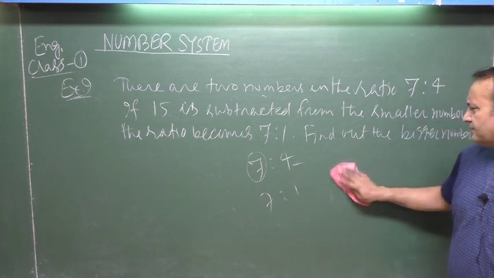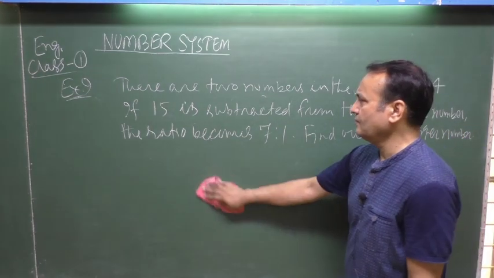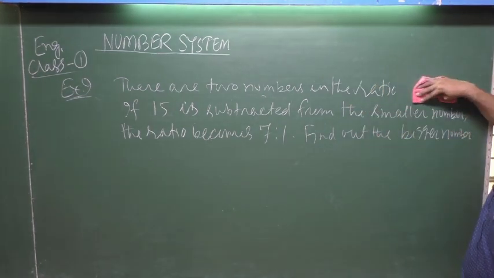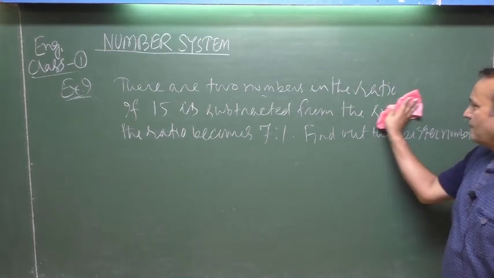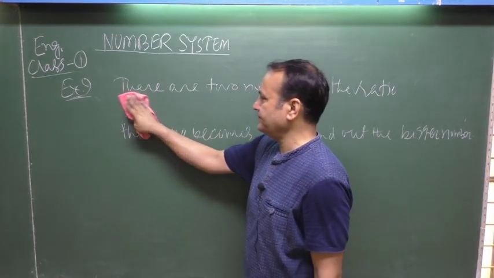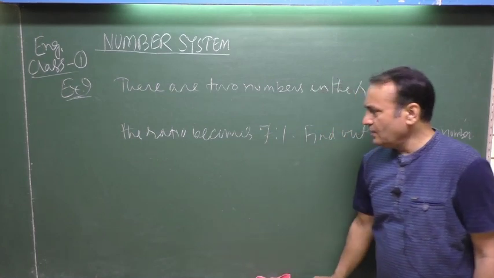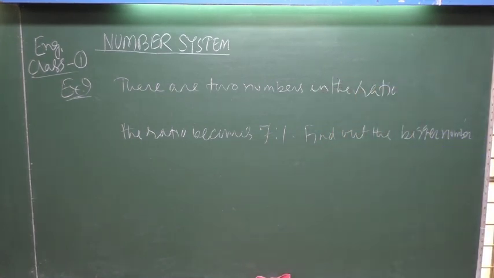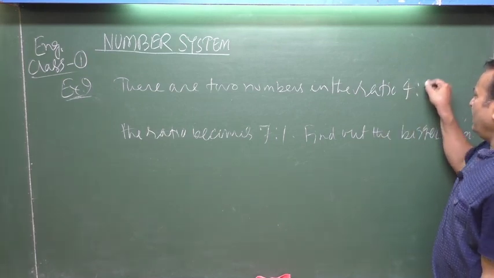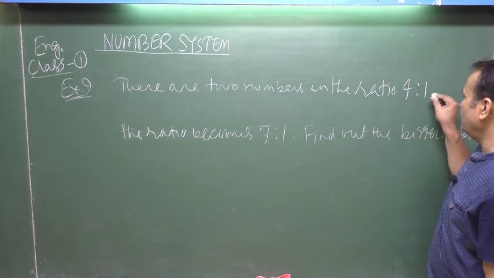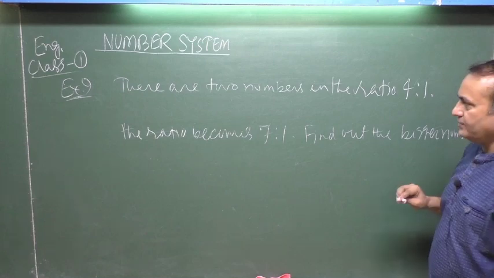Next example. See here. There are two numbers in the ratio 4:1.